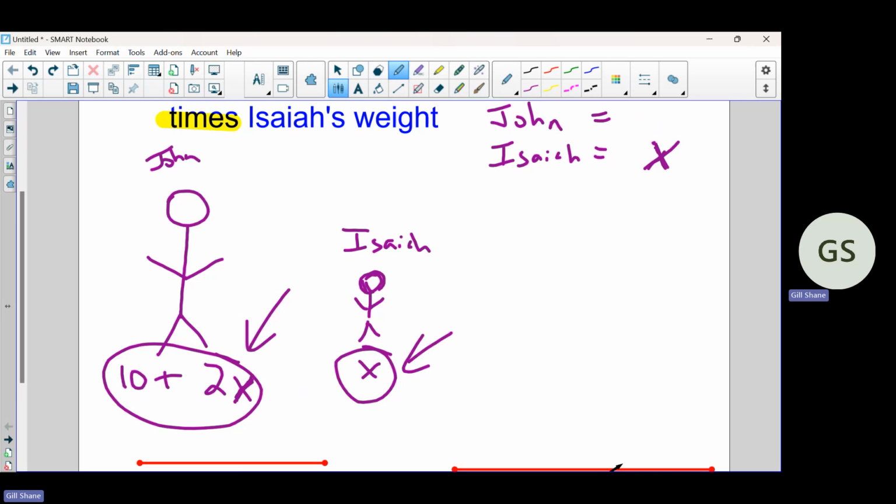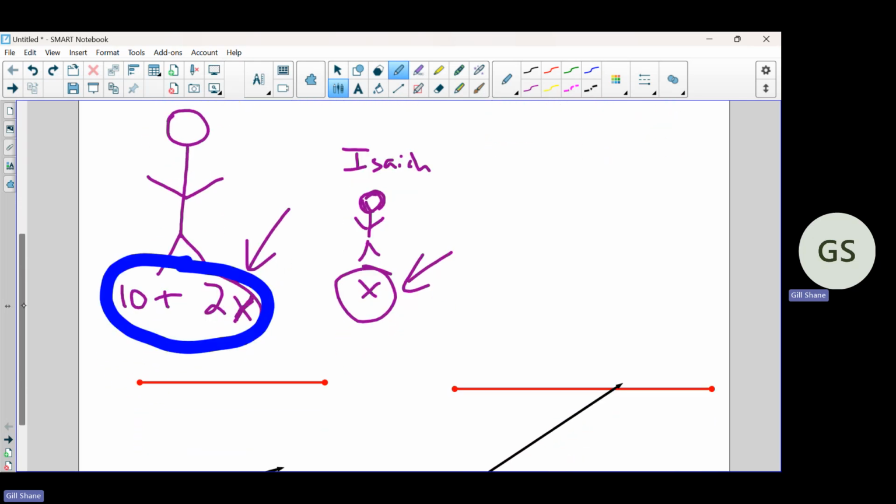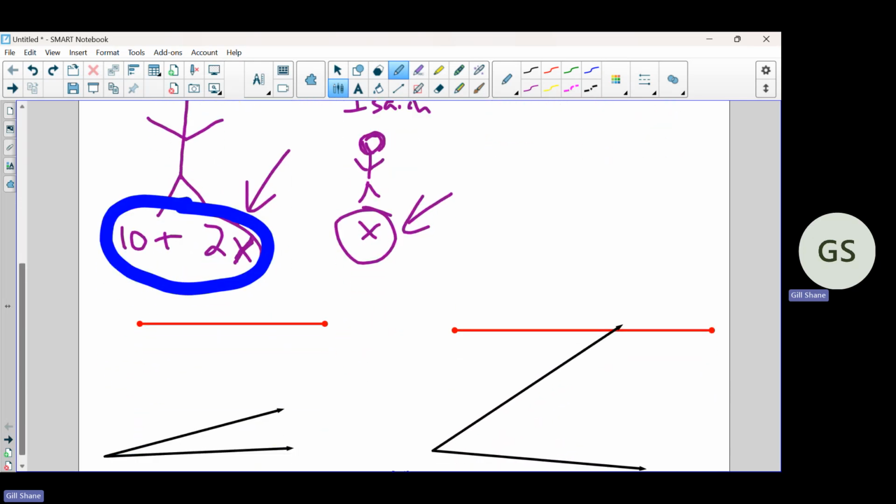You can't tell me the total of John's weight if you don't know Isaiah's weight. If a part of John's total weight is unknown, you can't tell me what it is. So if part of any larger number is unknown, you can't tell me what that larger number is. So the way that's going to work in geometry, and then you'd get more information typically, and you'd be able to actually solve.